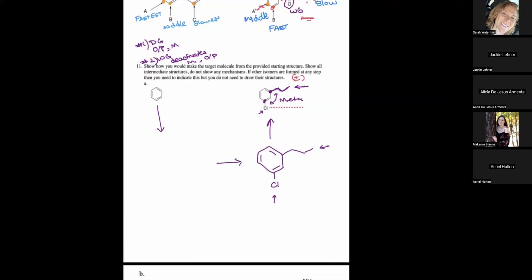So the step before it, the chlorine wasn't here. So how would we turn this one up here into a withdrawing group?